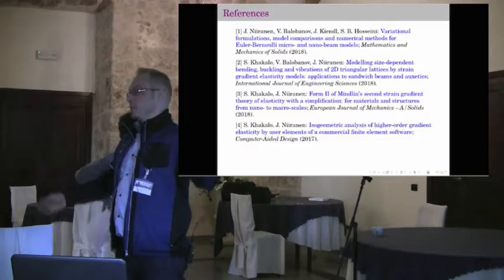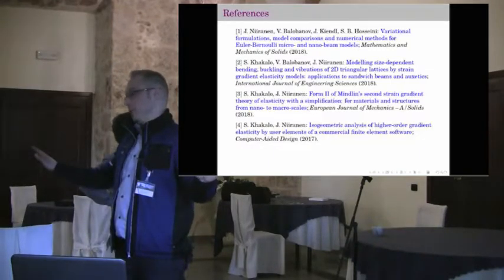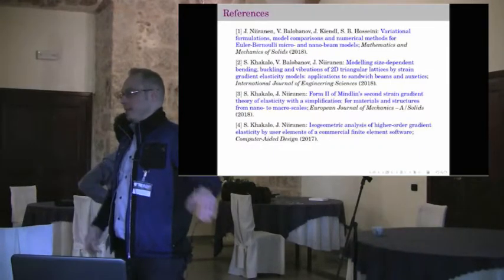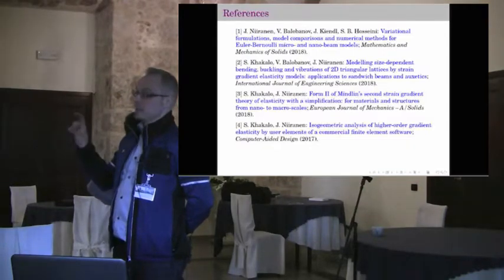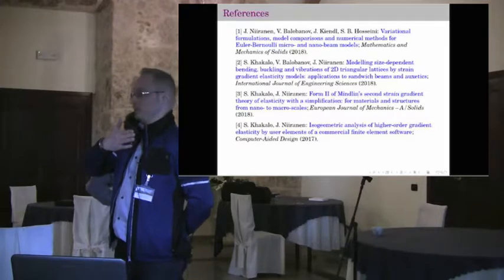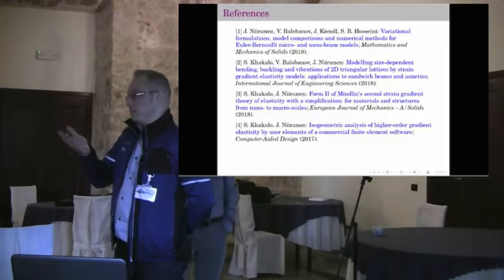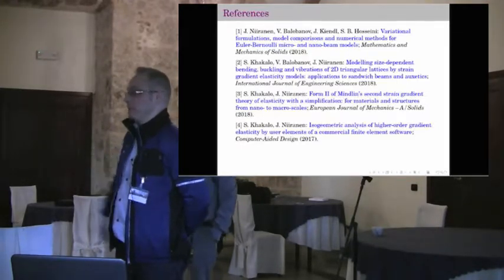So the results we propose cover all of them, I would say. If the stiffening effect is the same in the model, then it can be used. We actually say that all of them can be used.